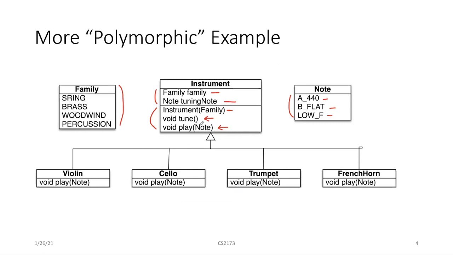When you're defining it, you can't just type public void play and then Note. You have to give the argument a variable name. Again, I leave that out because it's really not part of the specification. Whatever you call it is fine, as long as it's fairly reasonable.